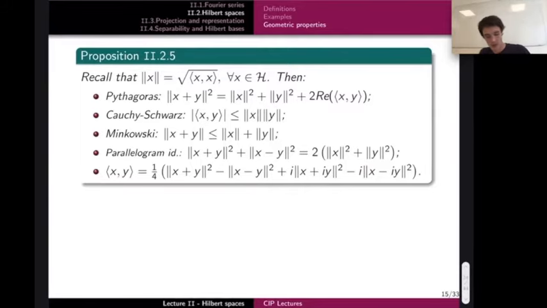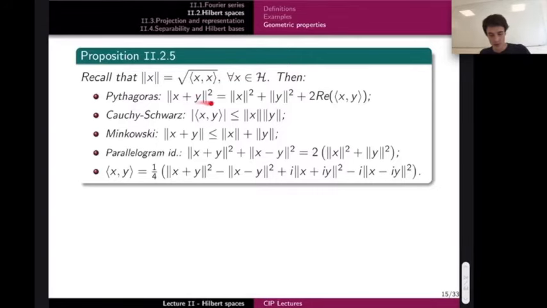It's slightly more general than what you're used to writing for triangles, because here we have the angle that appears. It's not the normalized angle, but this does measure the angle between x and y. Of course, when x and y are orthogonal, then you recover the usual Pythagoras identity.